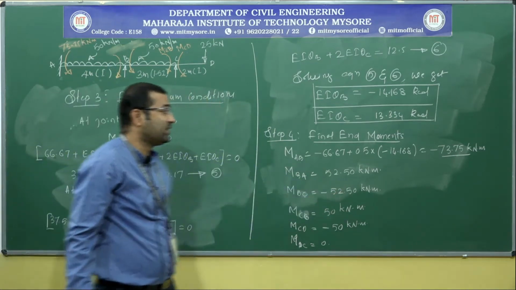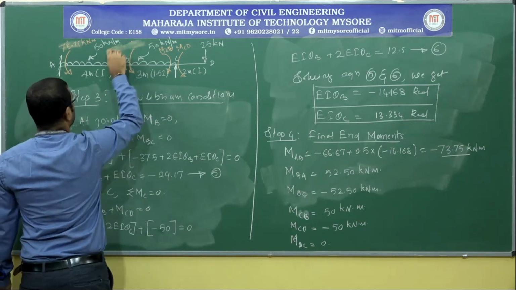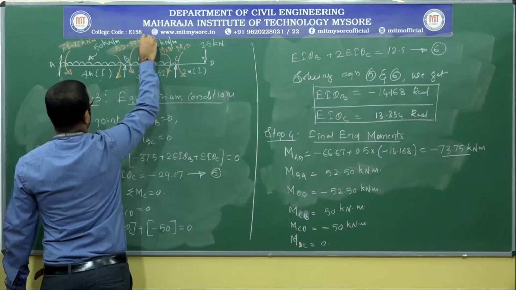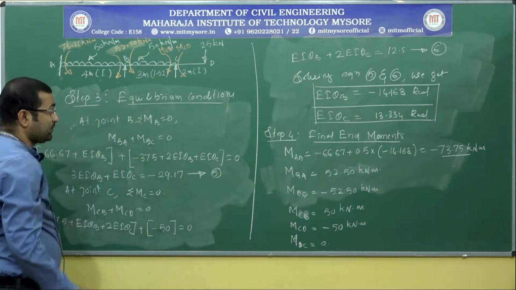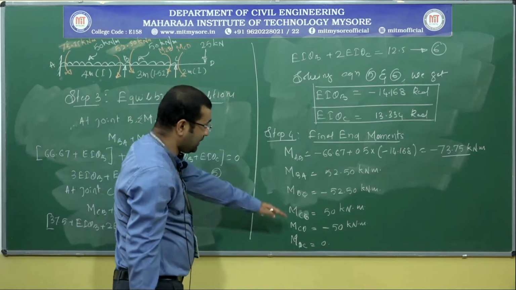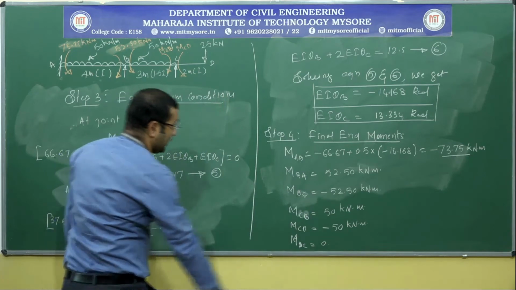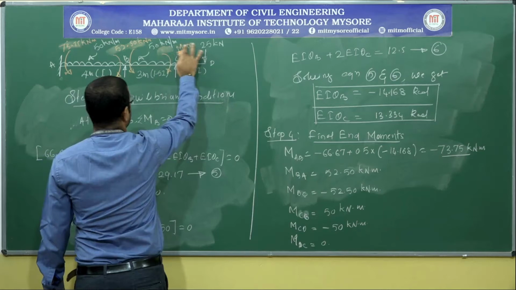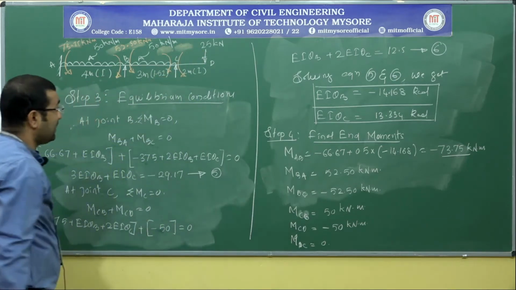MBC is minus 52.50, and minus means anticlockwise in direction. So these both have a magnitude of 52.50 kilonewton meter, one anticlockwise and another clockwise. Similarly, the moments at C: MCB is plus 50 kilonewton meter and MCD is minus 50 kilonewton meter. Plus indicates clockwise and minus indicates anticlockwise, as I have represented in the diagram.